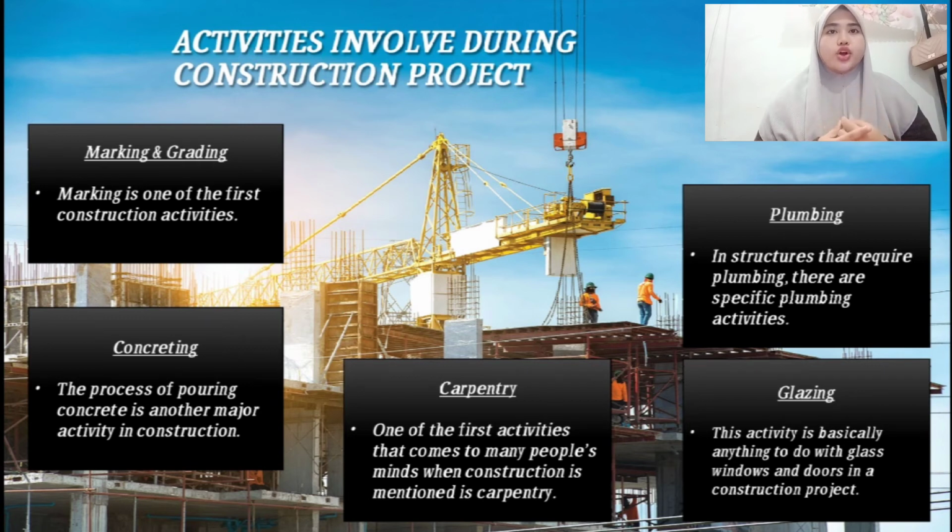Number 2 is concreting. The process is pouring concrete is another major activity in construction. It is often used for the base of buildings, for roads, bridge, pipes, and many other applications.